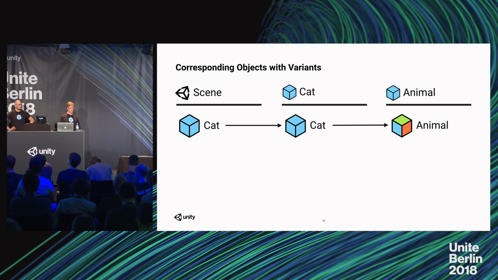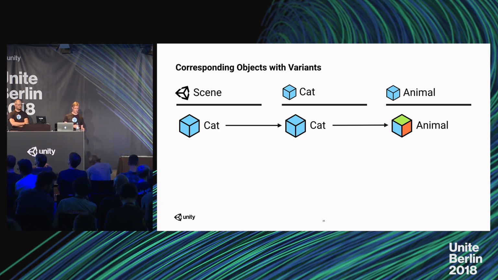For a variant, the corresponding objects are similar. You might have an animal prefab, which just has a game object in it. Then a cat prefab, which inside it contains an instance of the animal prefab.